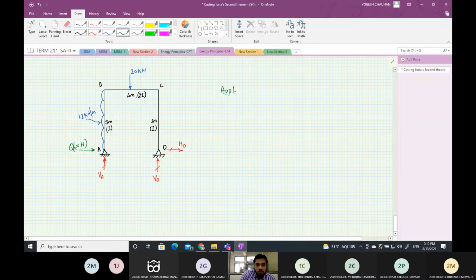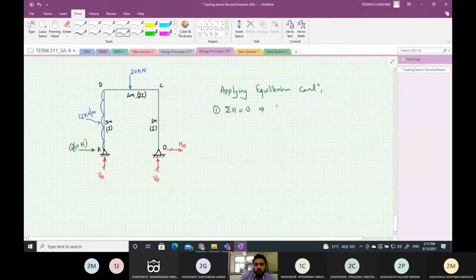So applying equilibrium condition, we can now find VA, VD, HD in terms of H. So the first condition, that is sigma H equals to 0, implies Q, that is this redundant force which is acting from left to right, plus this UDL, that is 1.2 into 5, then plus HD equals to 0.